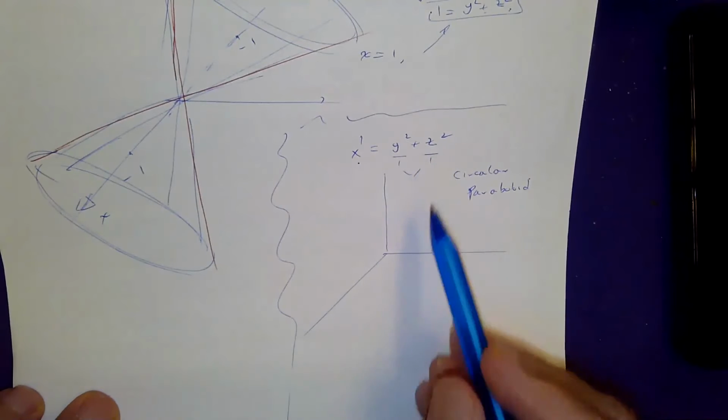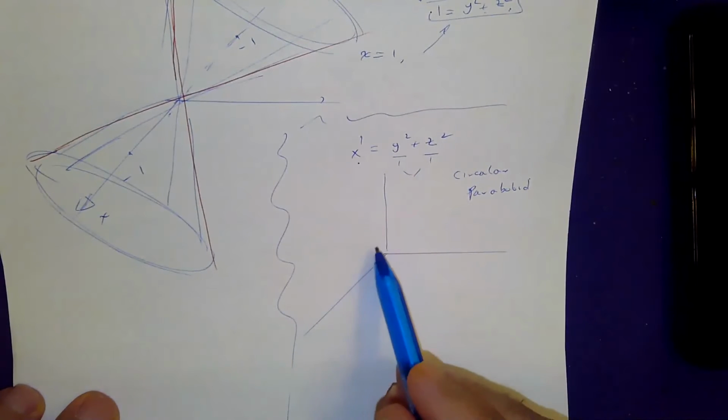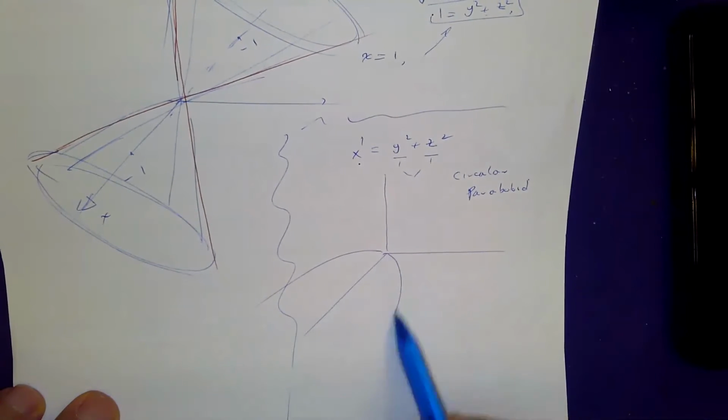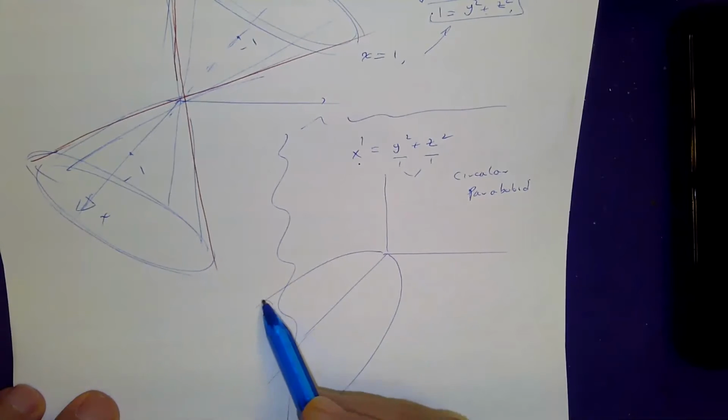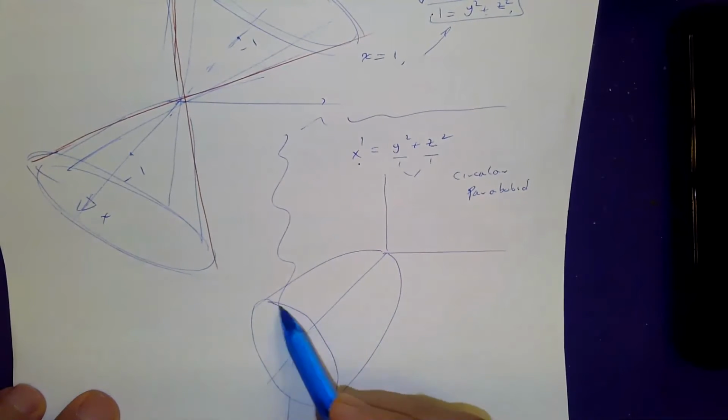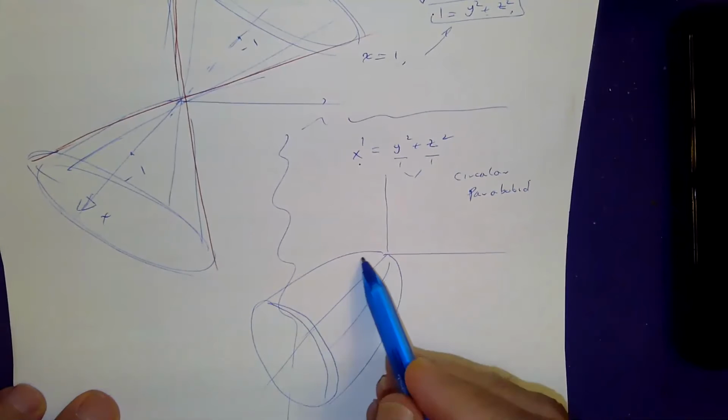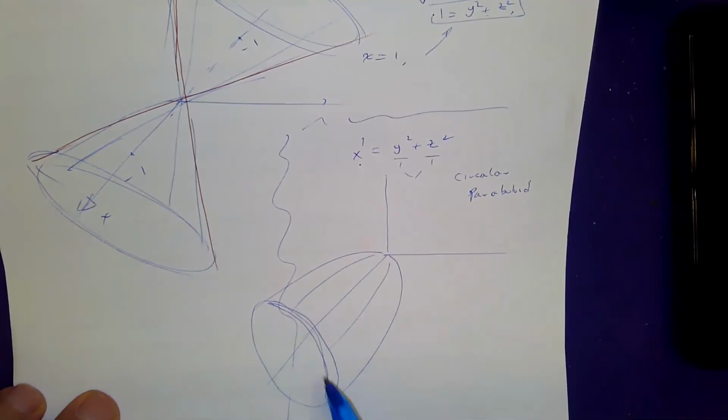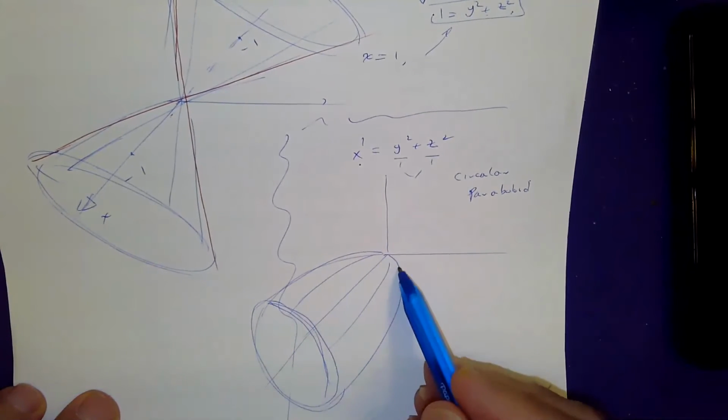So the paraboloid, the bowl kind of shape, is going to open along the x-axis. There. Do you see it?